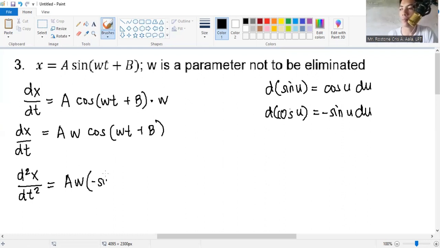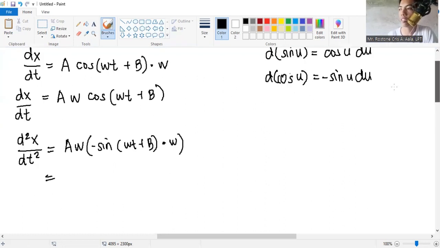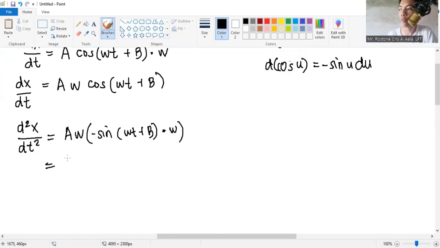So negative sine of our u, which is wt plus b, then multiply it by the du, which is w. So simplifying this, we have aw times w, that is aw squared. So since may negative tayo dito, lagyan natin ng negative. So negative aw squared, then sine of wt plus b. Yan, that is our d squared x over dt squared.